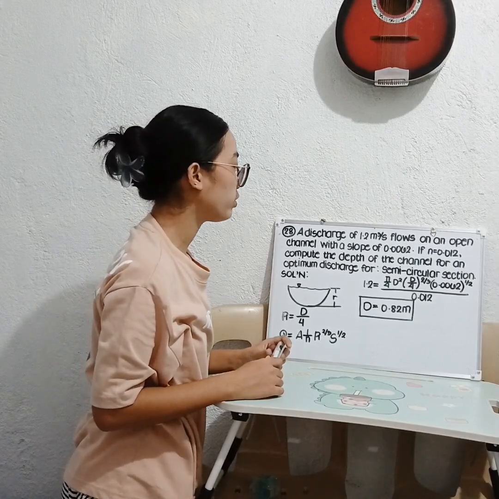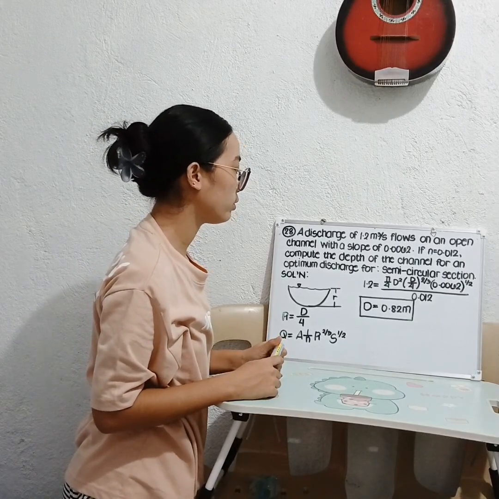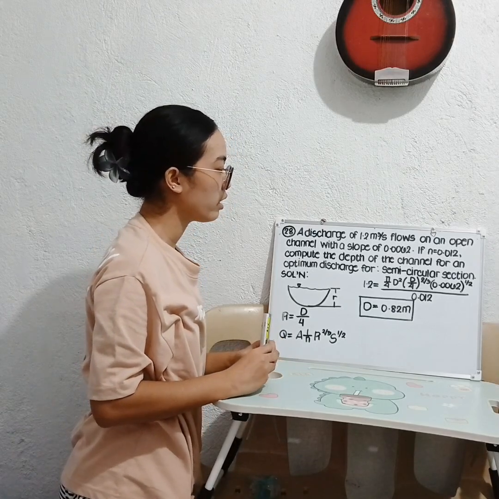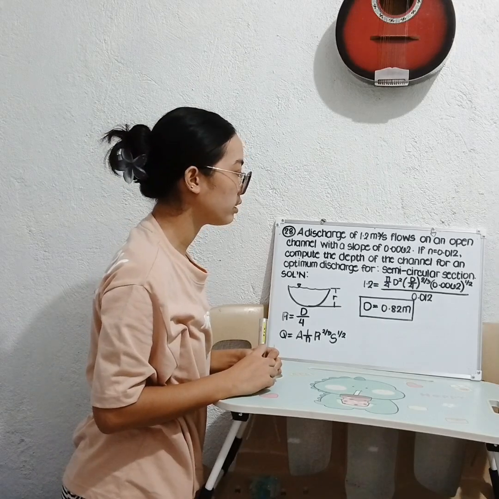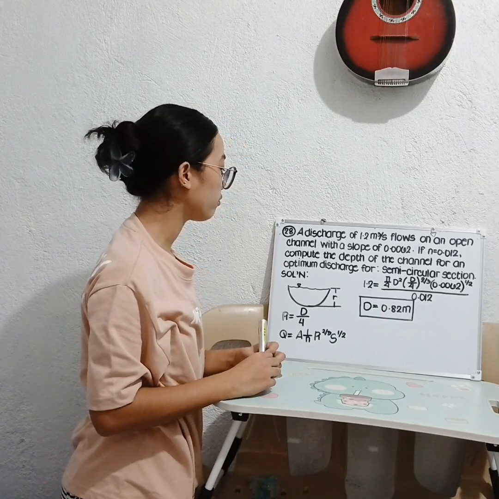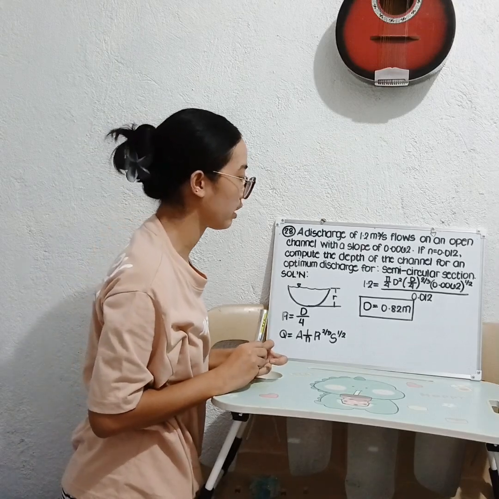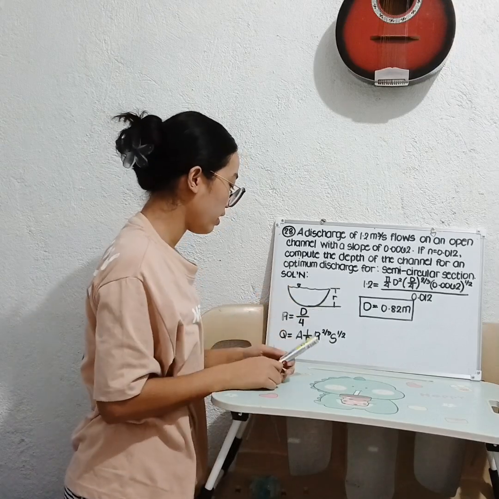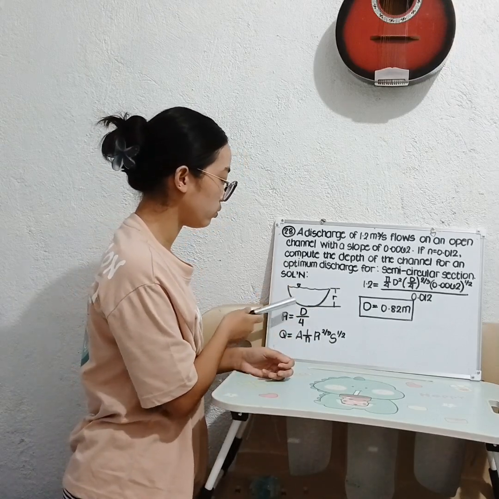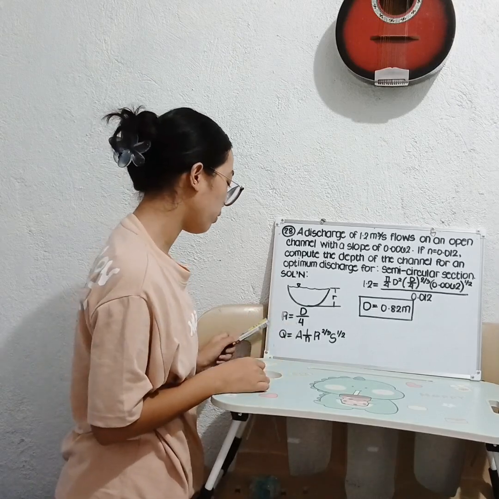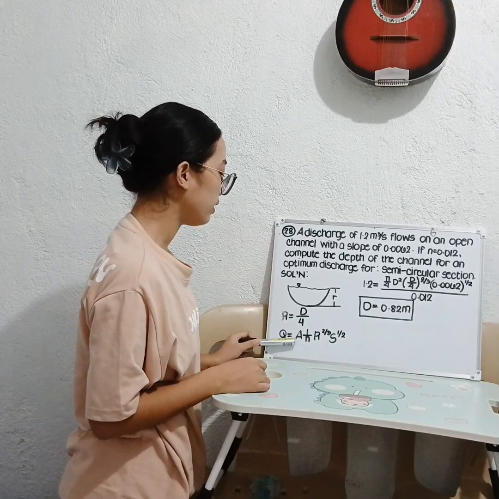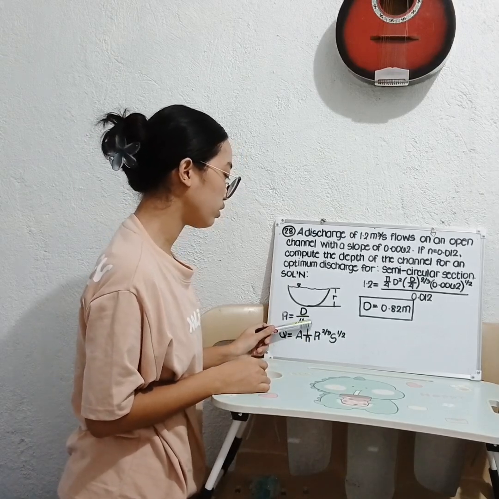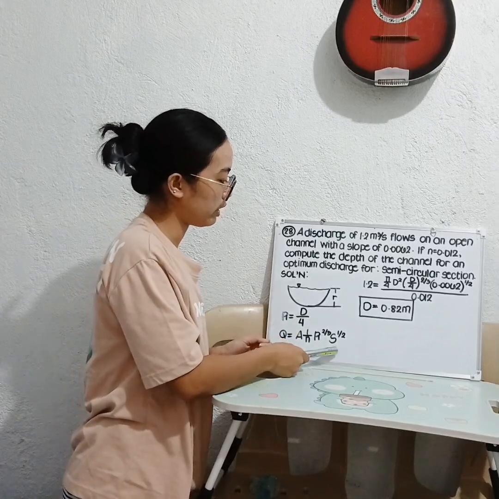A discharge of 1.2 cubic meter per second flows on an open channel with a slope of 0.0062. If n is equal to 0.012, compute the depth of the channel for an optimum discharge for semicircular section. So this is our semicircular section. We have our radius. And our hydraulic radius is equal to d over 4. Then we use the formula of Q is equal to area times 1 over n times the hydraulic radius raised to the power of 2/3 times the slope raised to 1/2.